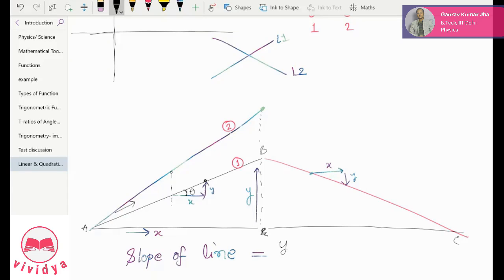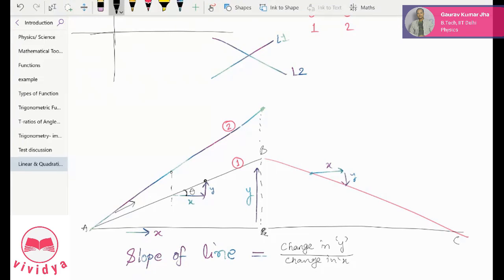Y by x, or I'll write change in y upon change in x. Does that make sense? Change in y upon change in x.